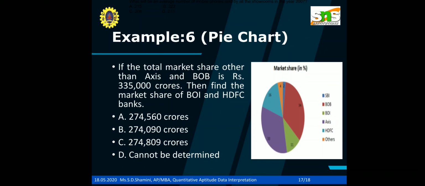So market share in terms of crores நம்ம explain பண்ணும்போது 27% ரெண்டு சேர்த்து 27 into அந்த total 335,000 crore divided by remaining அந்த 33% மற்ற பேங்கோடது போட்டோம்னா you will get 274,090 crore. So your correct option is option B.